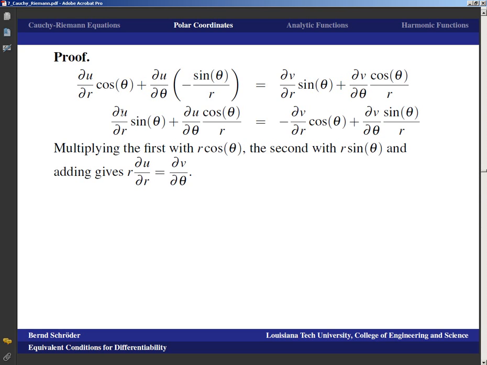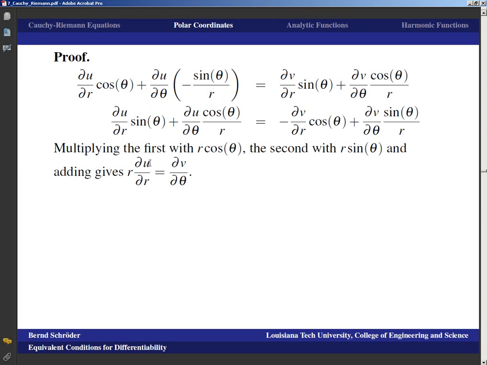And then, because cosine squared theta plus sine squared theta is equal to 1, this term and this term give us r du/dr. If I multiply this one with r cosine theta, I get negative du/dθ sine theta cosine theta. And if I multiply this one with r sine theta, I get du/dθ sine theta cosine theta. And this negative sign makes sure that these two cancel, which means these two left sides add up to r du/dr.